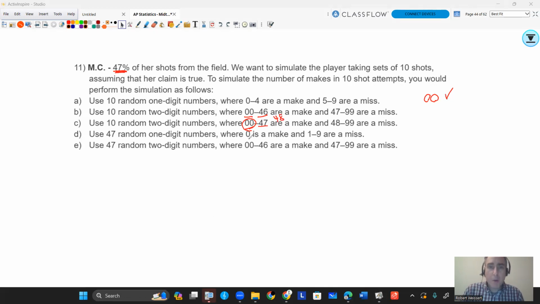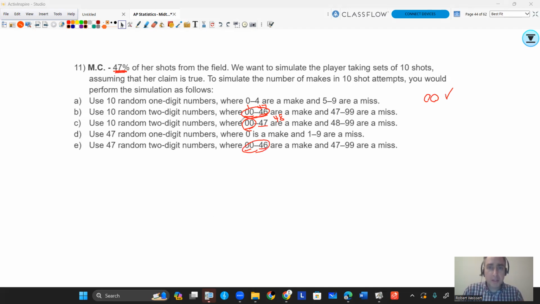What we want is to represent 47%. So it would be 00 to 46 here or 00 to 46 here, because 00 is 1, and this would be the 47th, so this is 47%. So it's down to those two.